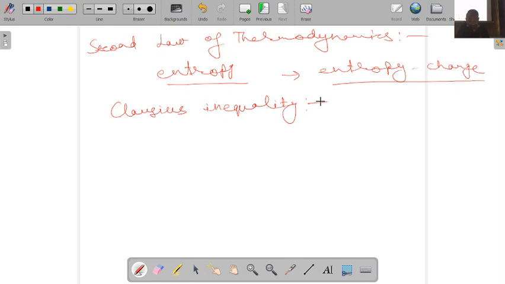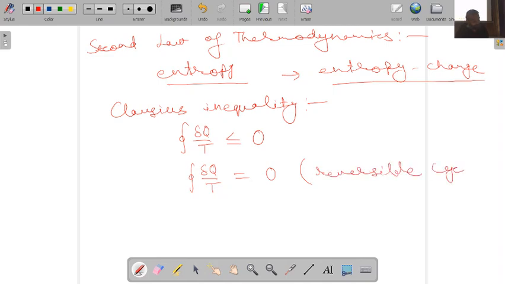Okay, so in case of Clausius inequality, we know that cyclic integral of del q by t has to be less than or equal to 0, and if we further break this, we know that cyclic integral of del q by t is equal to 0 for a reversible cycle, and it is less than 0 for an irreversible cycle.